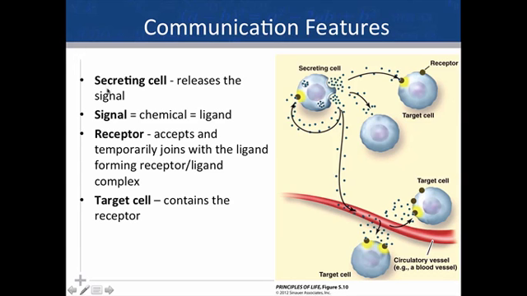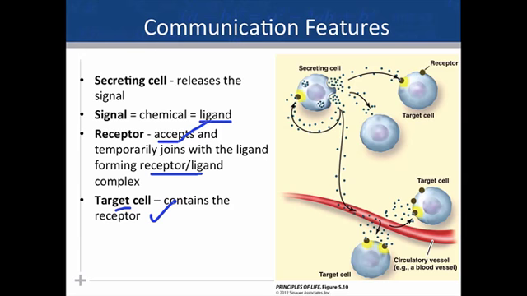So the secreting cell is the one producing the signal. The signal can be referred to as a ligand. That ligand has a receptor, or sometimes multiple receptors, in the cell line. And the ligand temporarily binds with the receptor, forming what's called a receptor-ligand complex on or in the target cell.